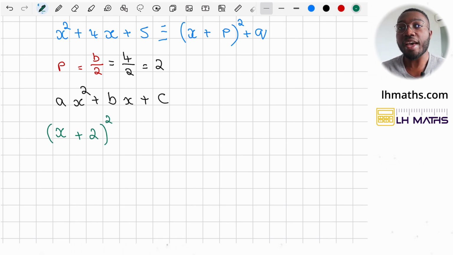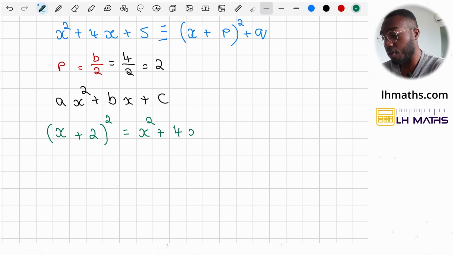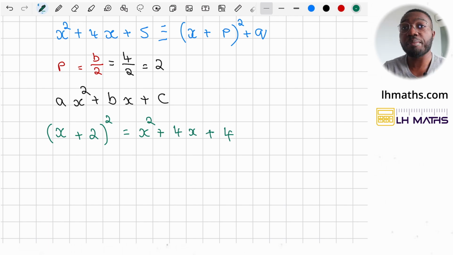Now, you've got to remember, when you have x plus 2 squared, that would give us a 4x, but it would also give us something else. If I just draw it out for you, it would give us a positive 4. But we don't want that positive 4. We just want the x squared and the 4x.